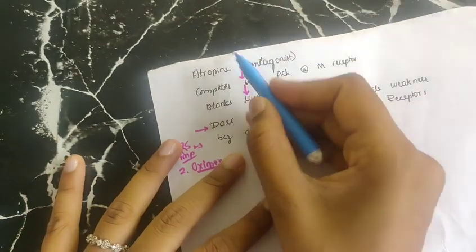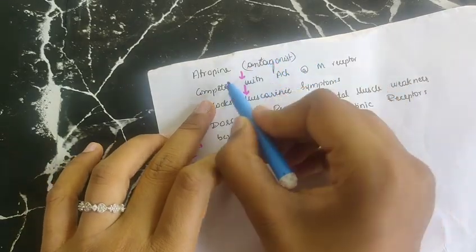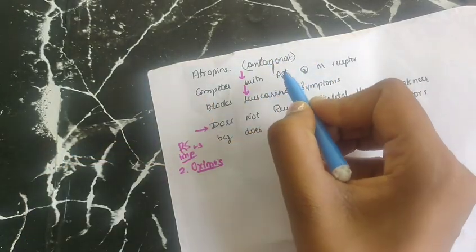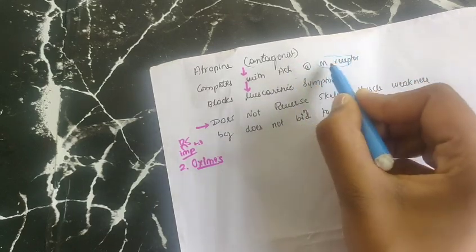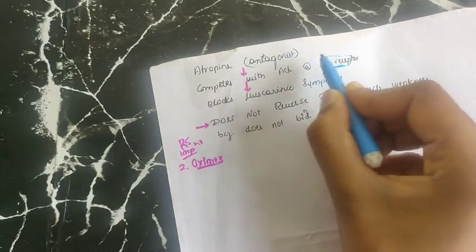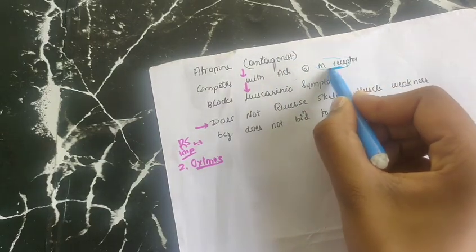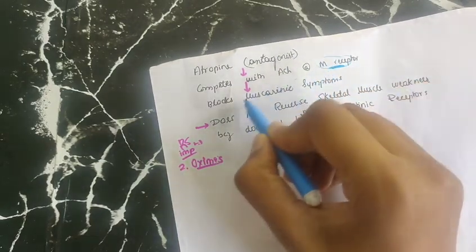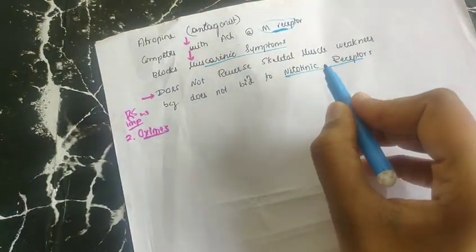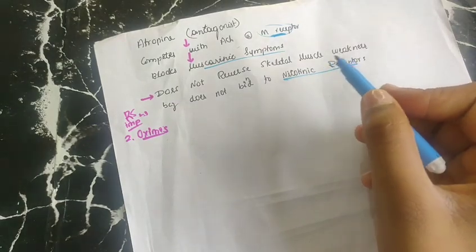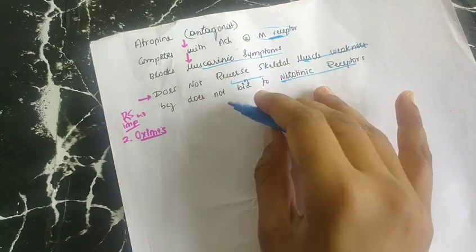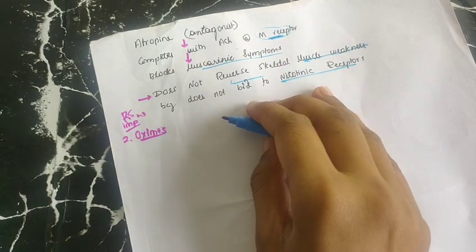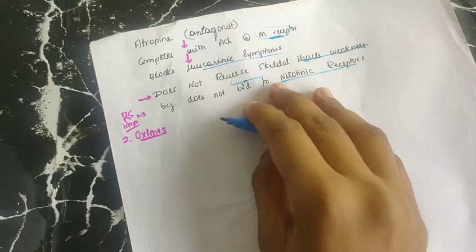Atropine is an antagonist. Acetylcholine acts on M receptors and atropine also acts on M receptors; there is competition between the two, and it blocks the muscarinic symptoms, but it does not block nicotinic receptors. So it does not reverse the skeletal muscle weakness.